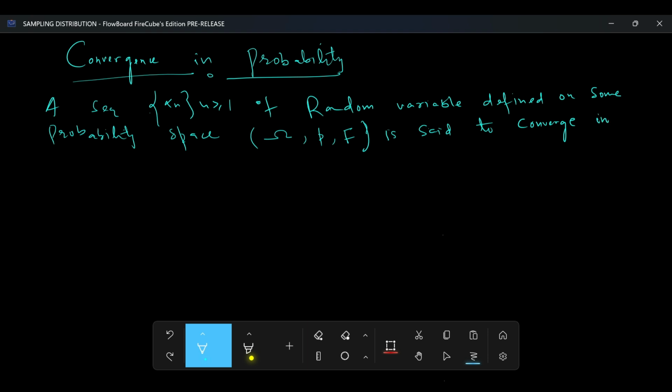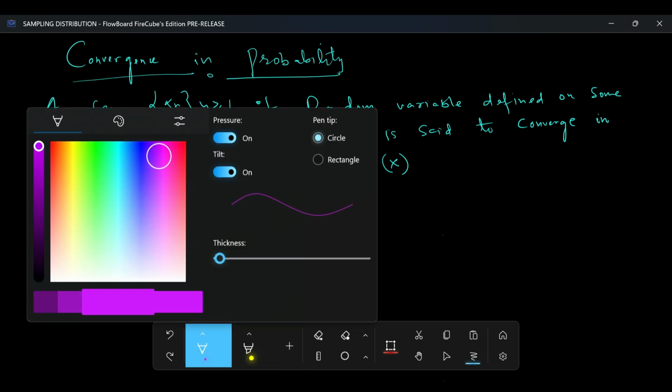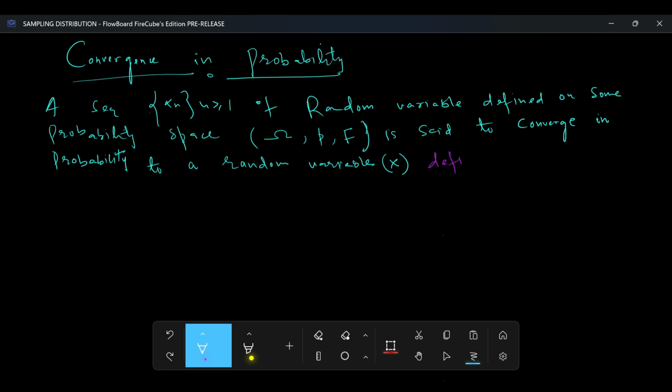in probability to a random variable, say X, defined on the sample space, if for epsilon greater than 0, the limit as n tends to infinity of the probability that the modulus of X_n minus some constant a is less than epsilon is equal to 1, and we call this a certain event.